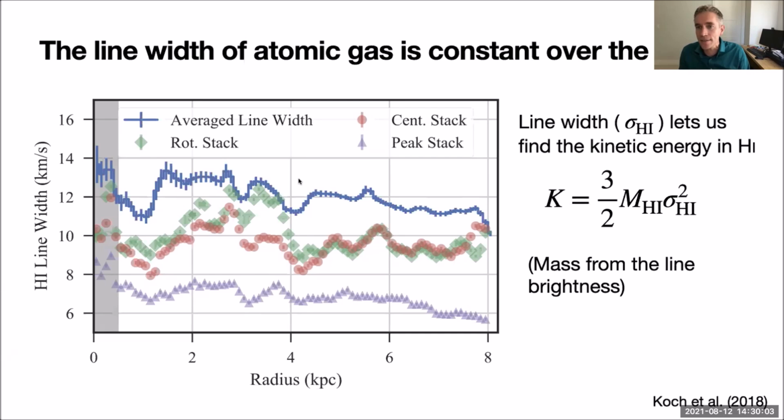A lot of that has to do with the resolution of the observations. And if you smooth our data to larger scales, you of course see larger line widths. And we think we're starting to trace the characteristic size-line width relationships you should be seeing in turbulent flows.